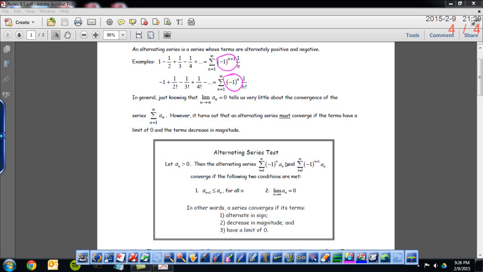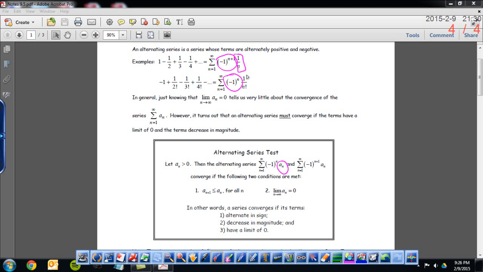The a sub n part is everything about the series that's not attached to the -1 to the n. So the -1 to the n is kind of separate, and when we talk about a sub n, it's all the rest of it. Like for this first example up here, the a sub n part is the 1 over n.